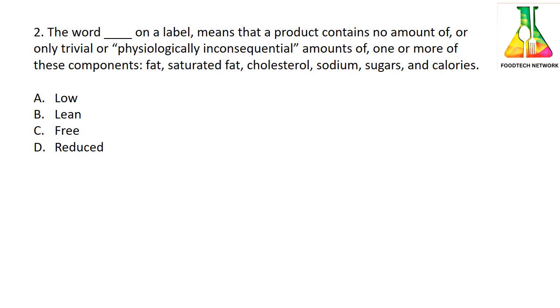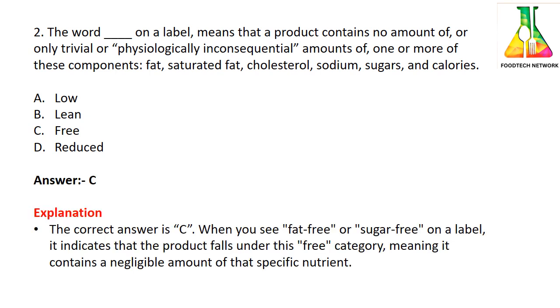Option A low, option B lean, option C free, and option D reduced. Option C, that is free. When you see fat free or sugar free on a label, it indicates that the product falls under this free category, meaning it contains a negligible amount of that specific mentioned nutrient.